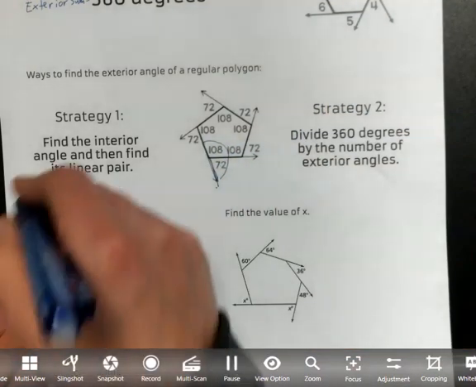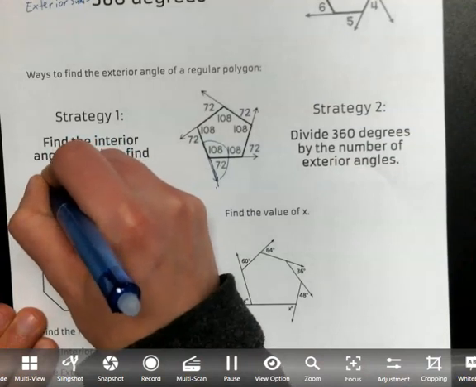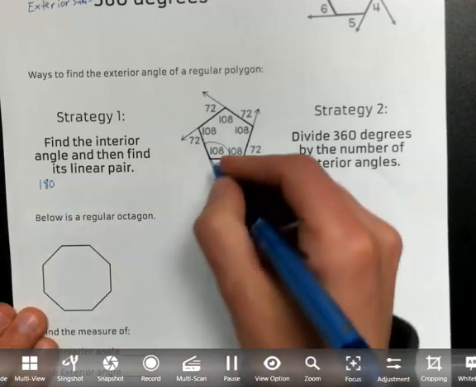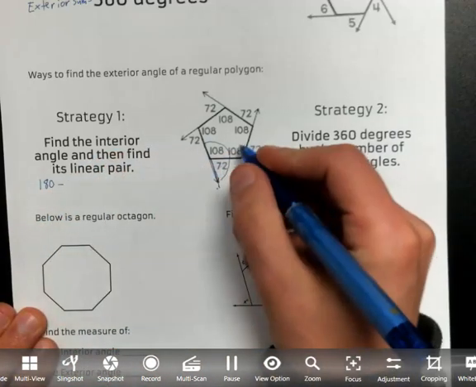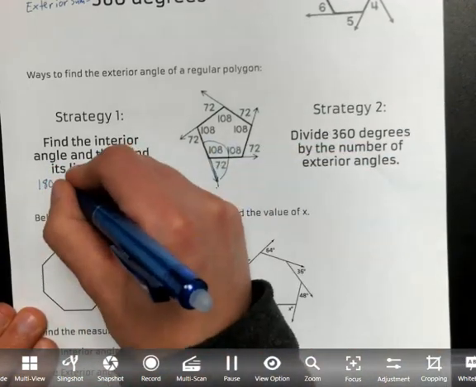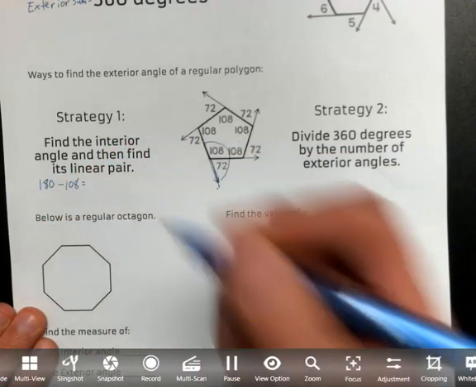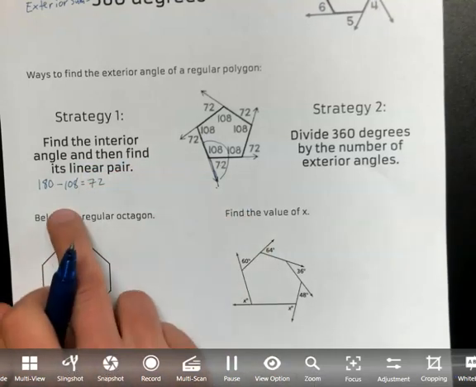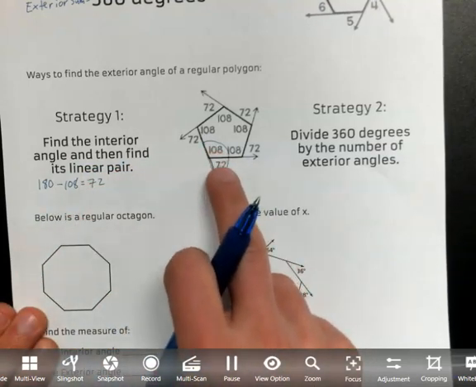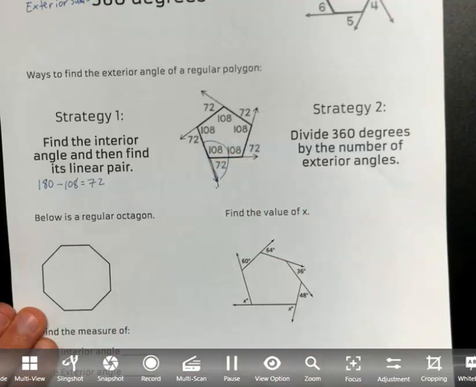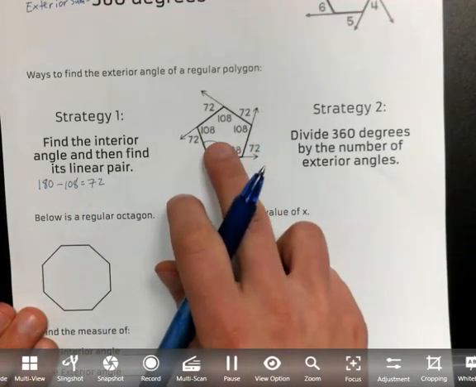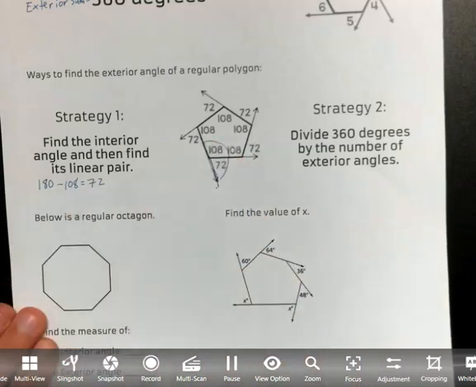A linear pair adds up to 180 degrees. So if I take 180 and subtract the one interior angle that I know, that's how I got that 72. Obviously, it's already written as 72. So if we have the interior angles already written, then we can use this.